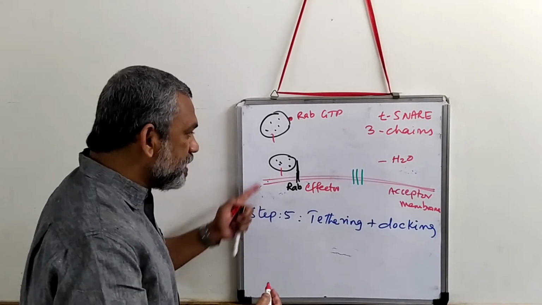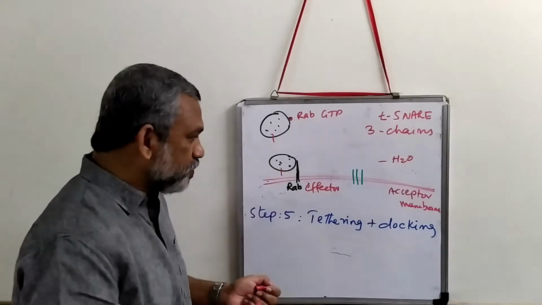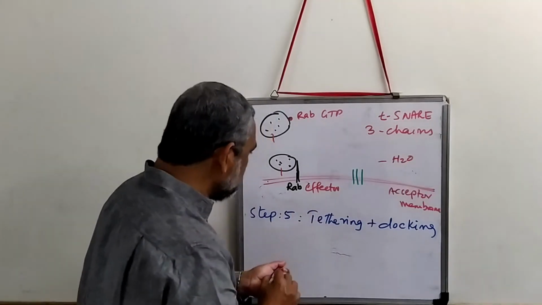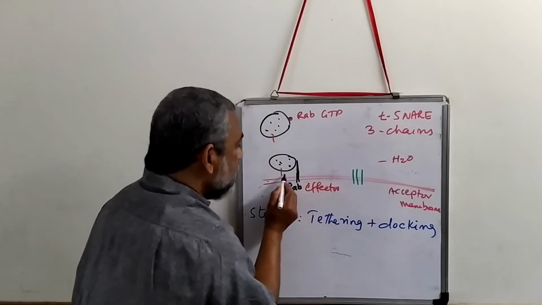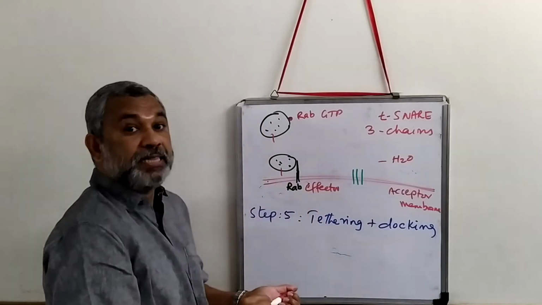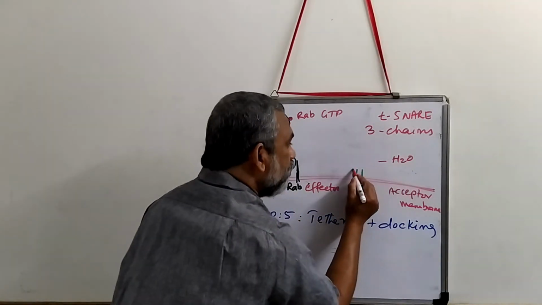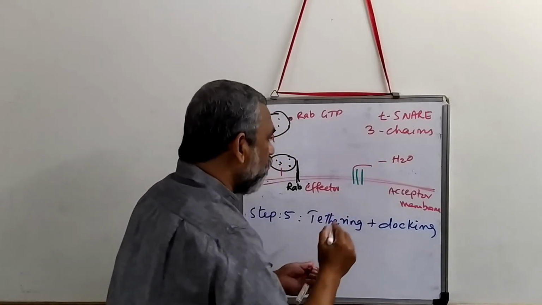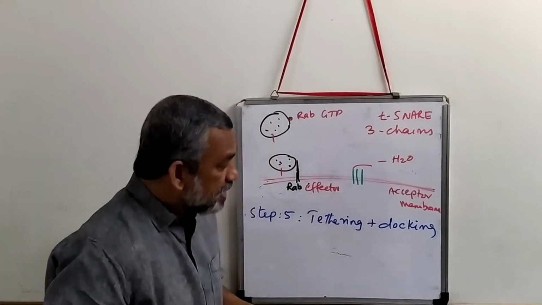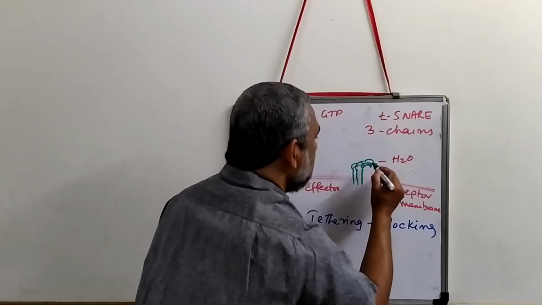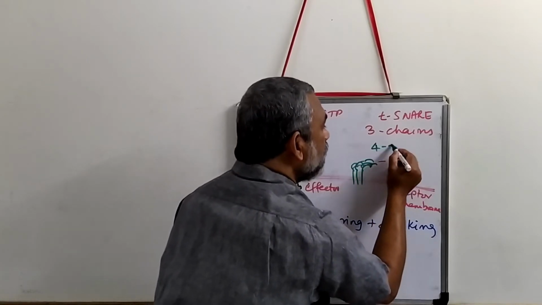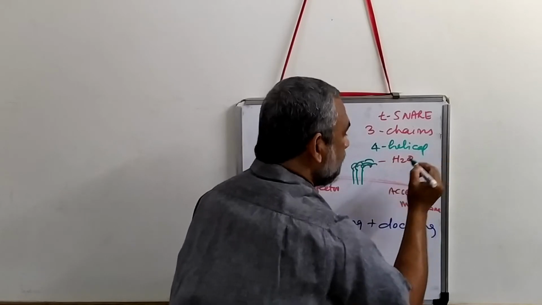So what is going to happen is this is brought close by. So let us draw this. Here is the V SNARE, and that will combine with the T SNARE. It forms a kind of a helical structure, a 4 helical wrap.